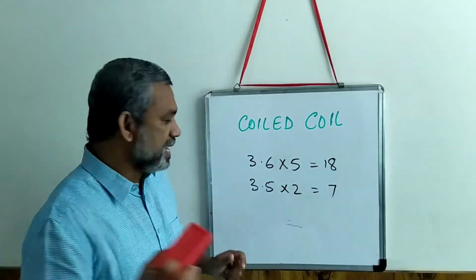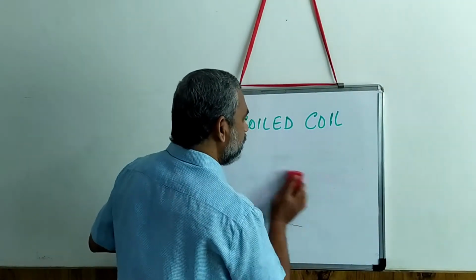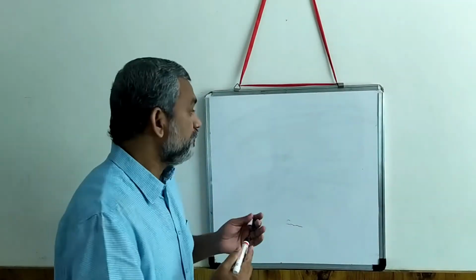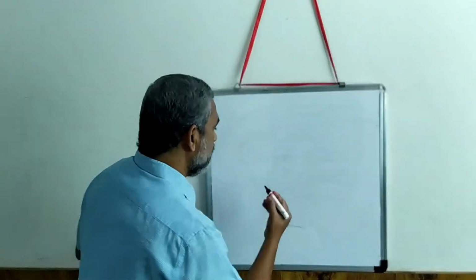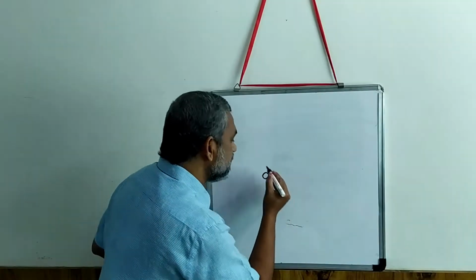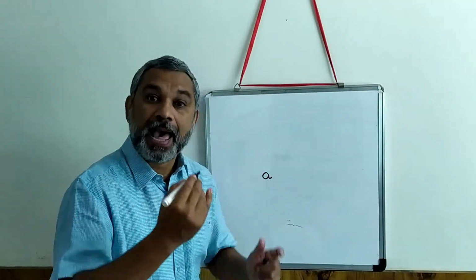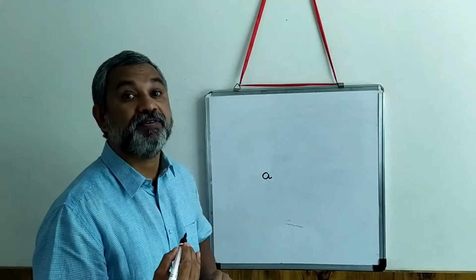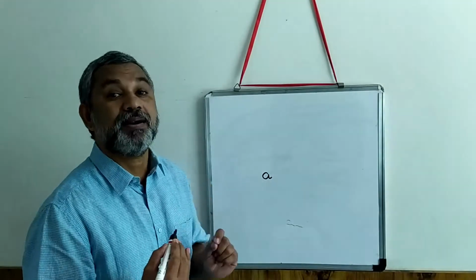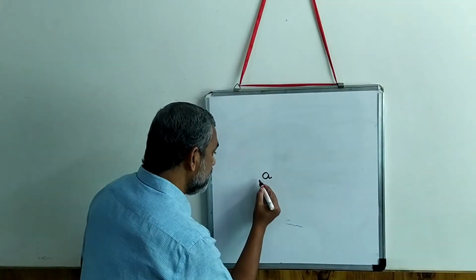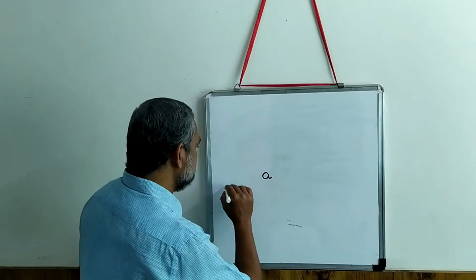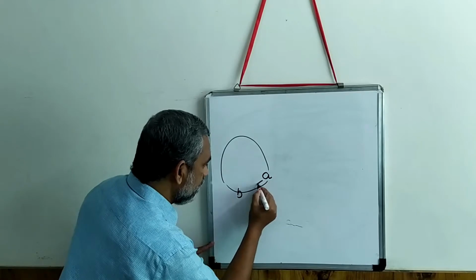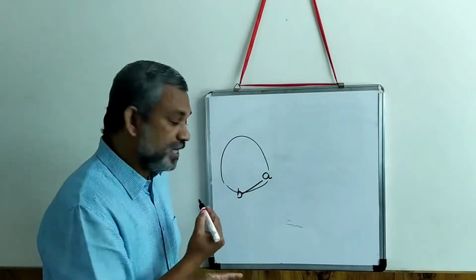So in order to understand that, let us draw the 7 residues. We will begin from here. This is residue number A, and the bond angle is now 360 divided by 3.5 amino acids. It is about 102 degrees. So if you draw a circle, this will be B, 102 degrees.